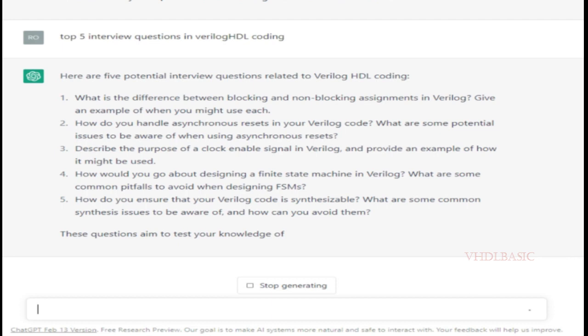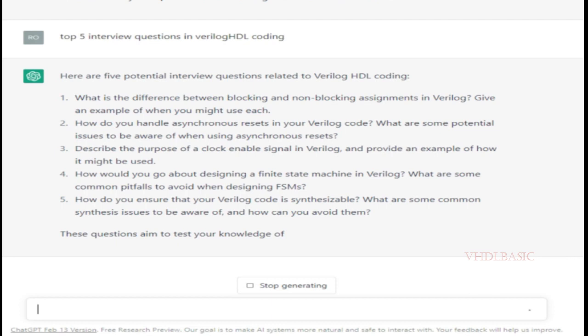Use only synthesizable constructs. Verilog code that is intended for synthesis should use only constructs that can be mapped to hardware, which means avoiding constructs such as time, wait, and hash delay, which are not synthesizable.